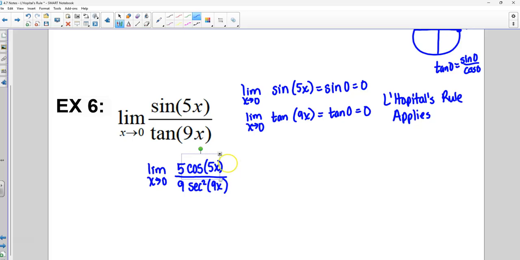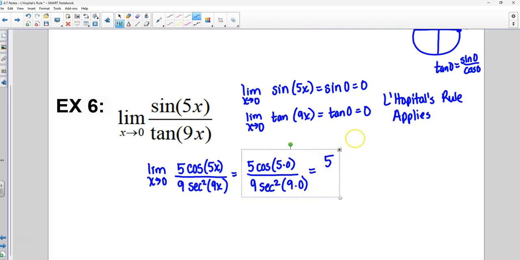Once I've taken the derivative, most of the time, like we do have problems like number 5 where we might have to take the derivative a few times, but most of the time you can plug in after that first derivative. So we would have 5 cosine of 5 times 0 over 9 secant squared of 9 times 0. So what is cosine of 0? 1. So this is going to work because we're not getting 0 in the top, right? Even if we get 0 in the bottom, we can have an answer for this.